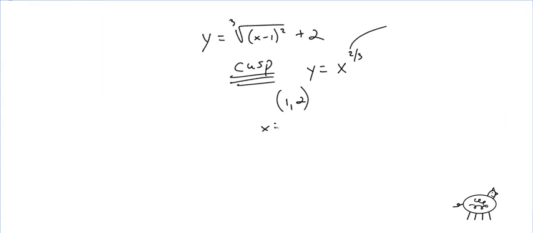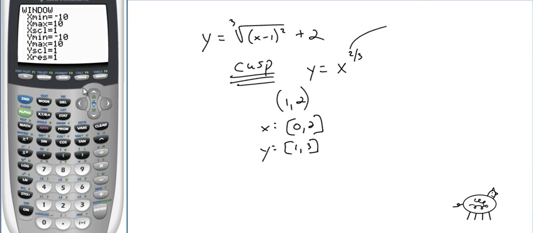So again, our x window is going to be between 0 and 2, and our y window is going to be between 1 and 3. It's going to give us a good window. So let's do that. Window between 0 and 2, and y is between 1 and 3. And we graph it, and look at that.